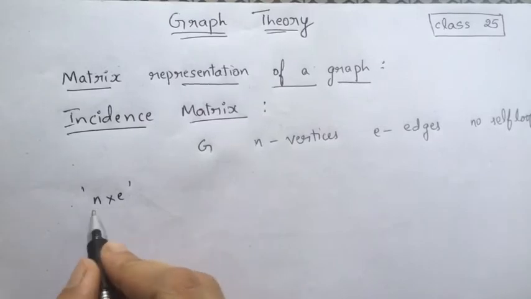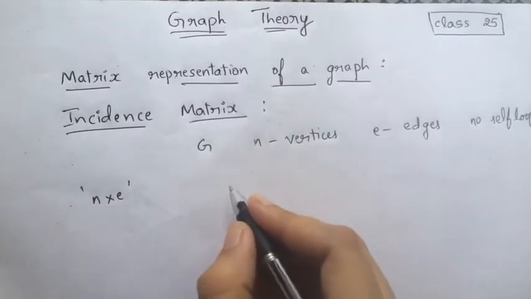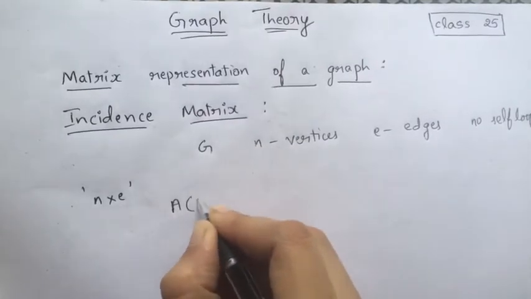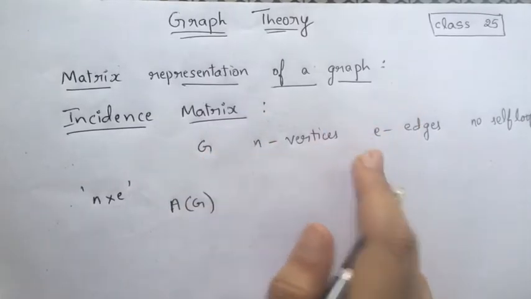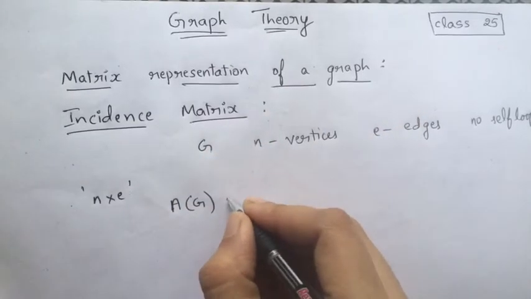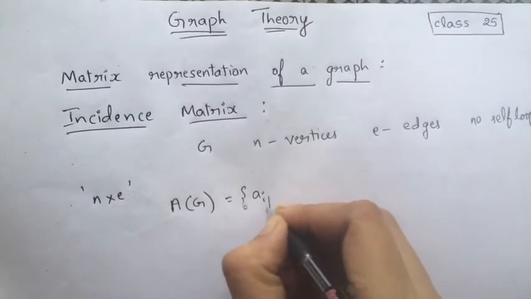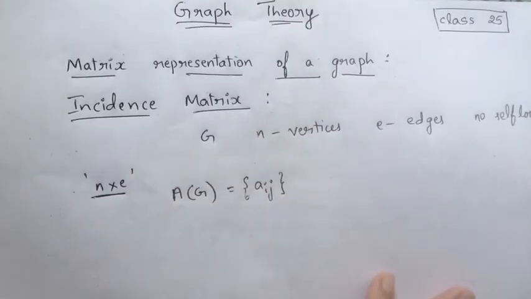The matrix is represented as A of G, which is the incidence matrix of graph G.